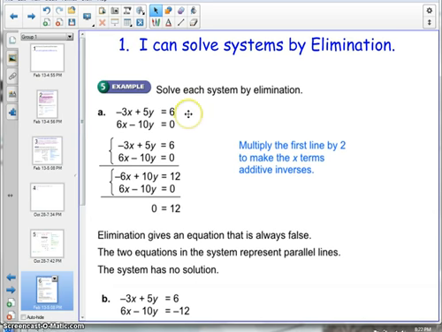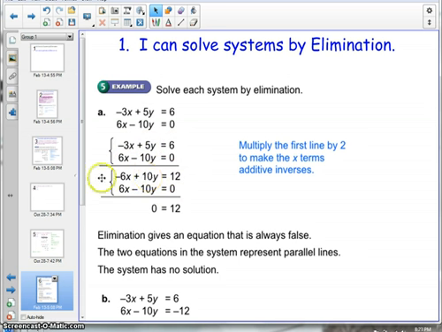So if I start with the equations negative 3x plus 5y equals 6 and 6x minus 10y equals 0, I want to multiply this first equation by 2, which will give me negative 6x, 5y times 2 is 10y, and 6 times 2 is 12. So now that I have these two equations, I see that my coefficients for both x and y are additive inverses, then we'll be able to eliminate.